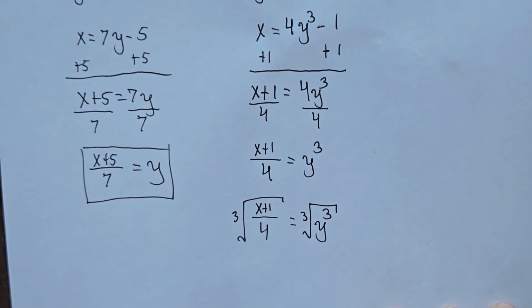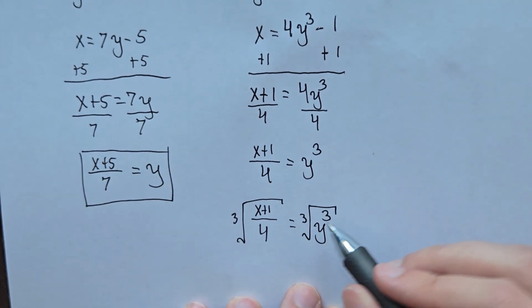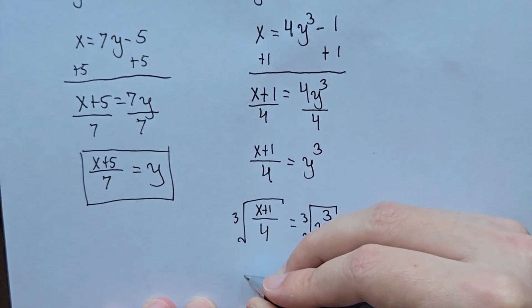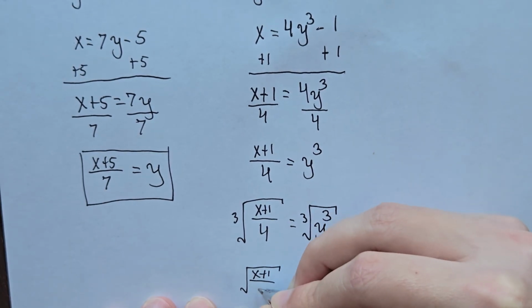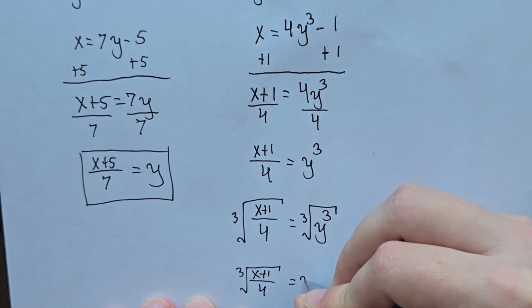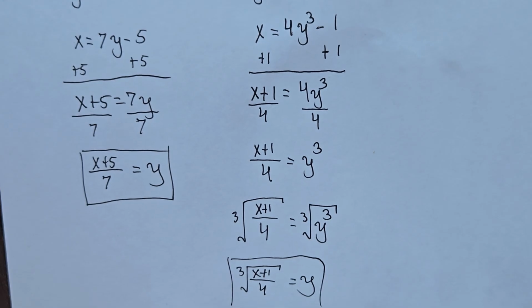With even powers, you cannot get a negative number out. So the cube root of y cubed is just going to be y, and on the right-hand side, I'll be left with just the cube root of x plus 1 over 4. And that would be it. So that would be my equation for y.